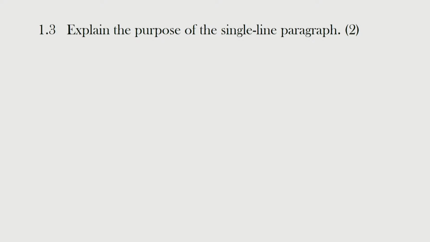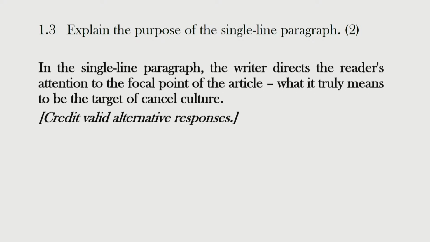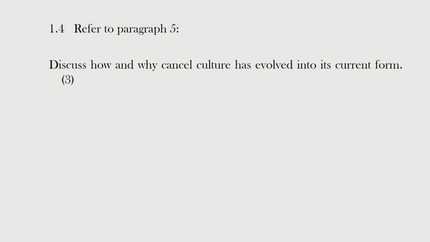But anyway, let's take a look at it. Okay, 2 marks only. And once again, credit valid alternative responses. Okay, just to show you that there are many options available. This is by no means prescriptive. Okay, there, I'm sure by now you've read that, and let us move on to 1.4.